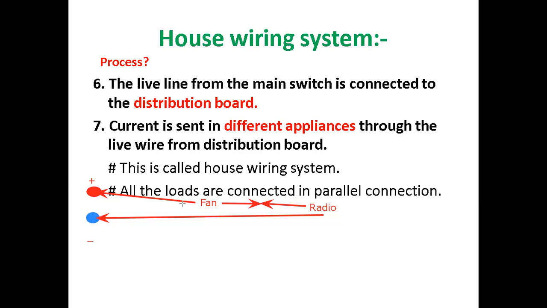From one point to fan, from fan to radio, from radio to other tools, in this way one point is connected, and lastly it returns to the remaining point. Phase is already connected, then the neutral point is left, then it is connected to the neutral point. This type of combination is series combination.